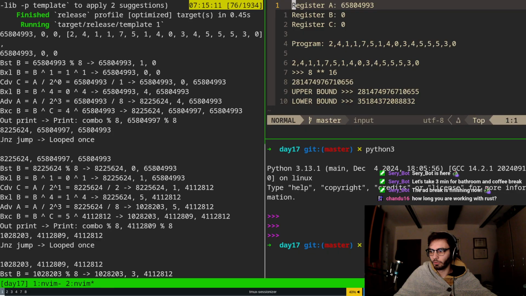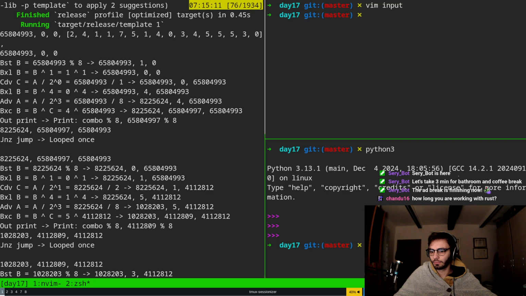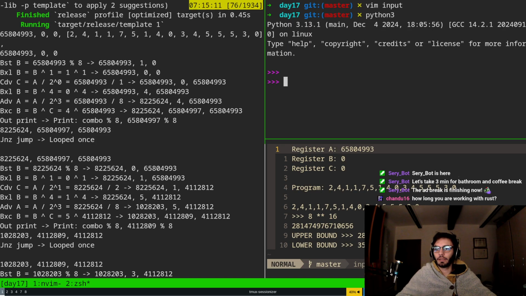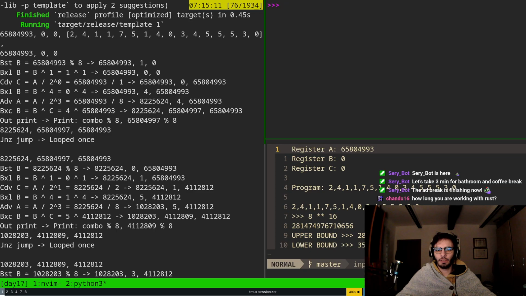How about I move my input since it's not useful right now? Okay, that's good. Okay, then I can Python up here and see like this.